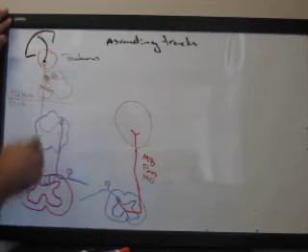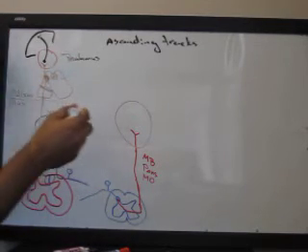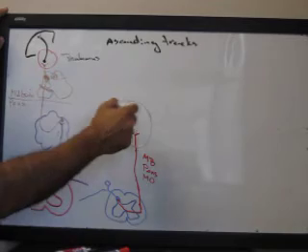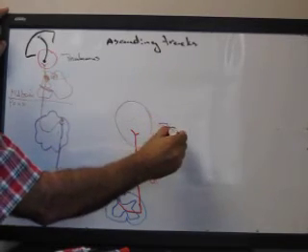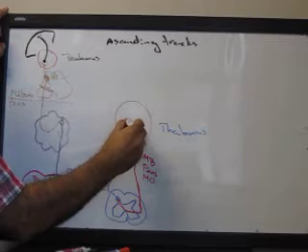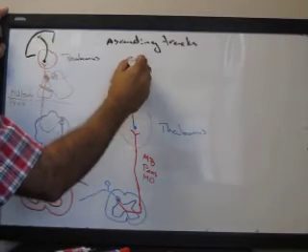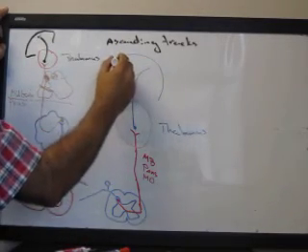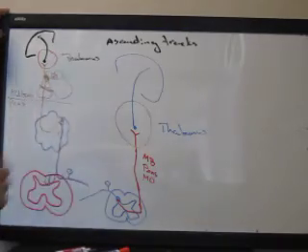Okay? So as it relays the message at this level in your thalamus, so this is the thalamus now. This guy is going to take the message to your cerebral cortex as well. So here we go. That's it.